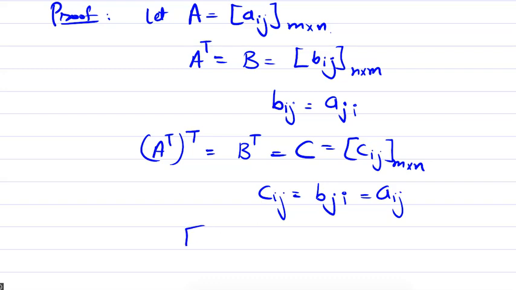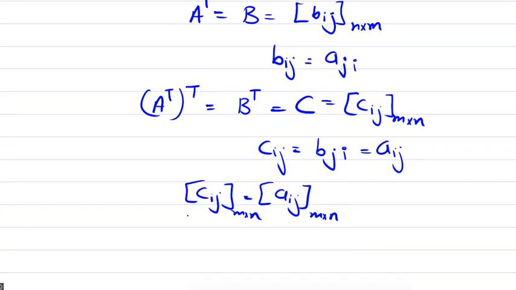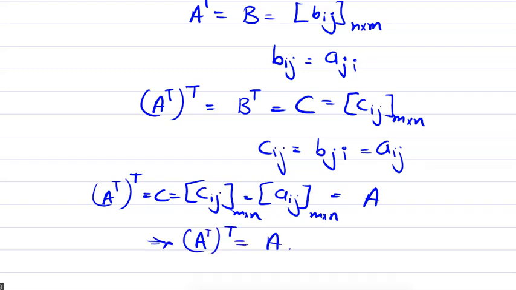So the matrix Cij is nothing but the matrix Aij of the same order. But C is the transpose of A transpose. This is nothing but A. So that concludes that the transpose of A transpose is nothing but A.